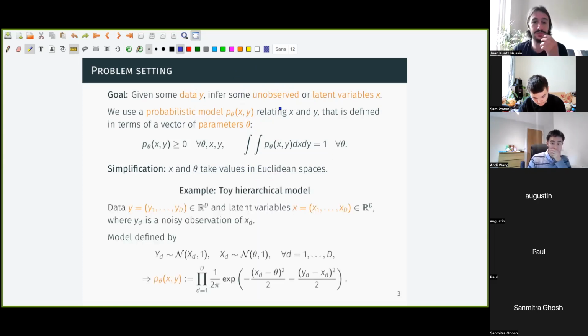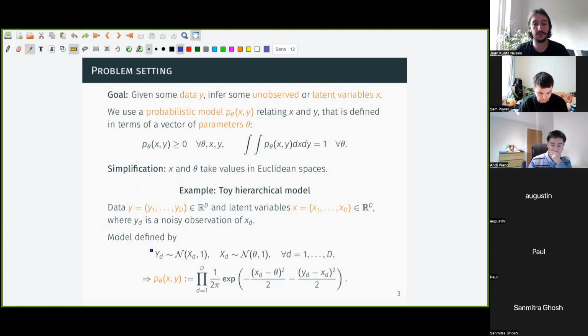So here's this silly toy example that I like to test algorithms on, just to make sure we're all on the same page. In it, the data consists of capital D many real valued observations that we've made. And each of these is like a noisy measurement of a corresponding latent variable, which we'd like to infer. And I'm going to use a very simple model.